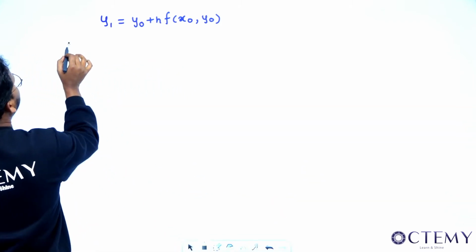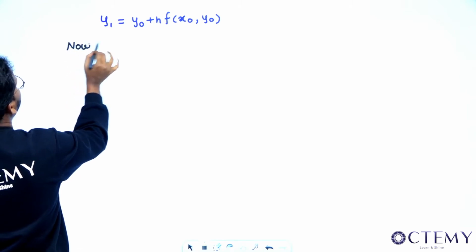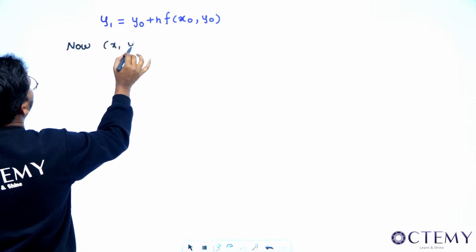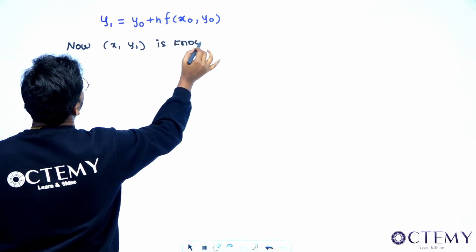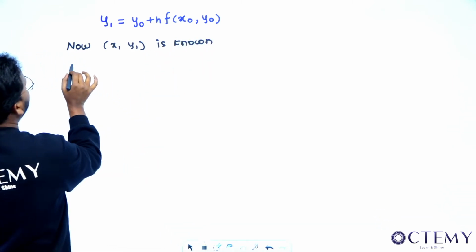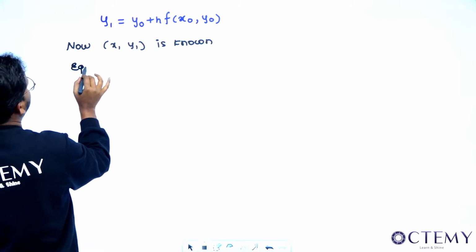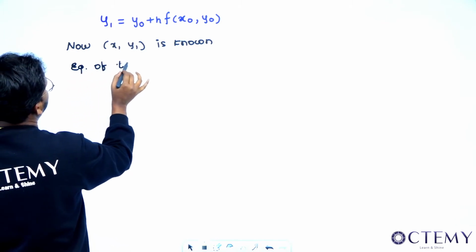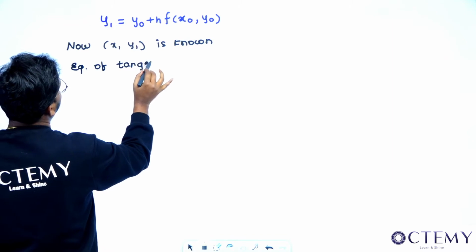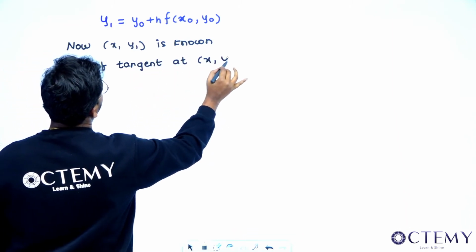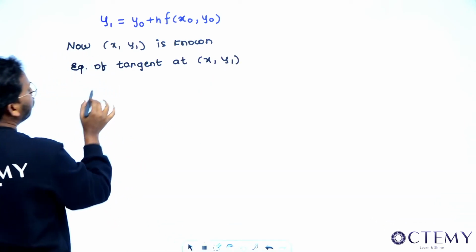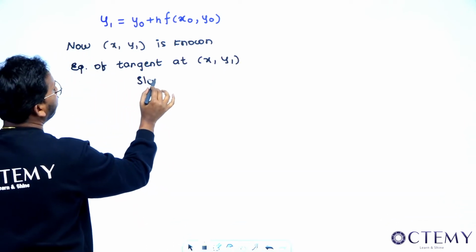Now x1, y1 is known. Now again, the equation of tangent. Say at x1, y1 I am trying to find it. What will be the slope at that point? The slope will change now.